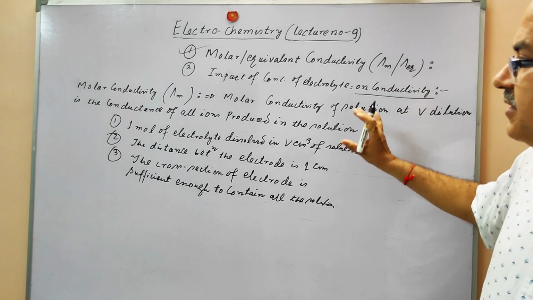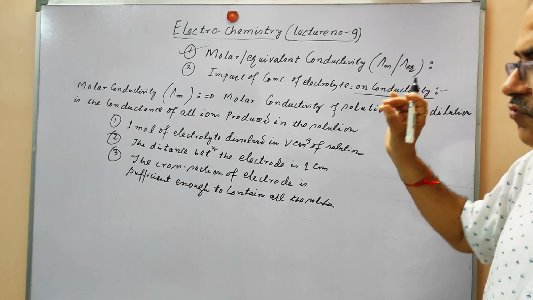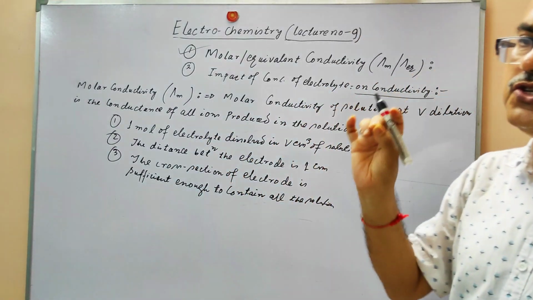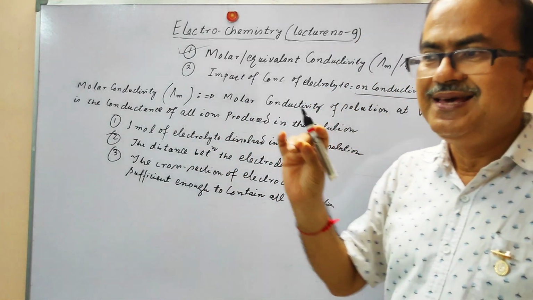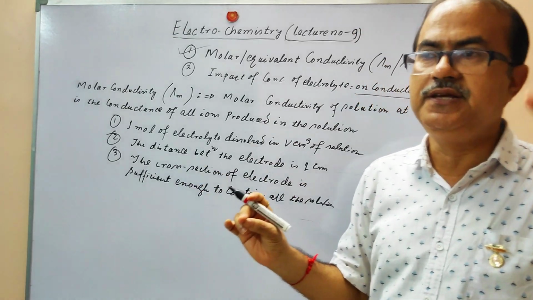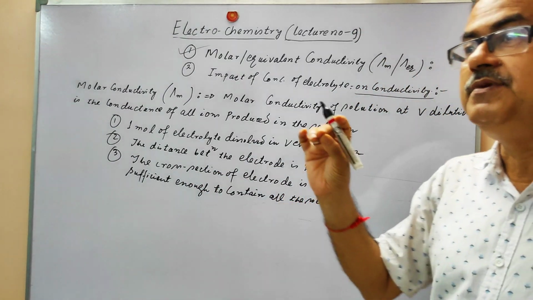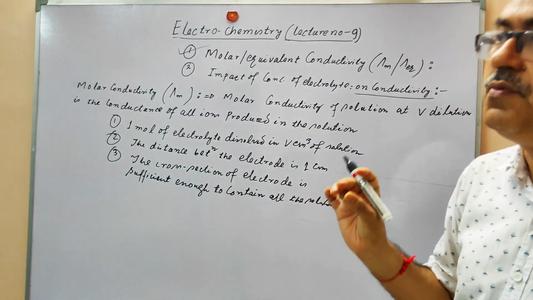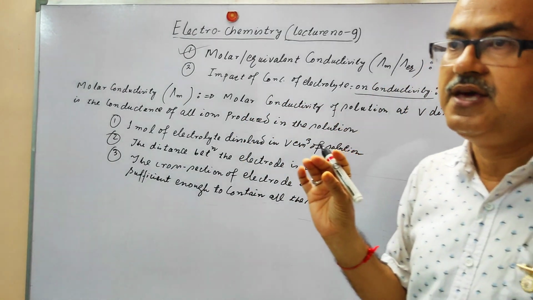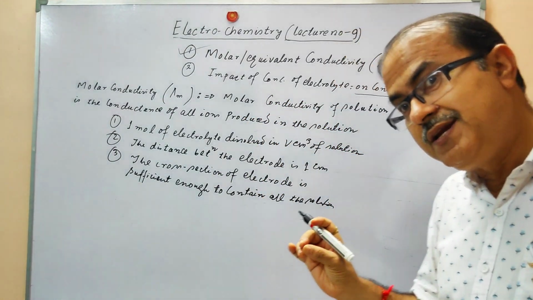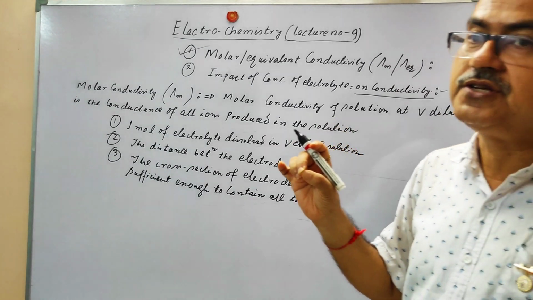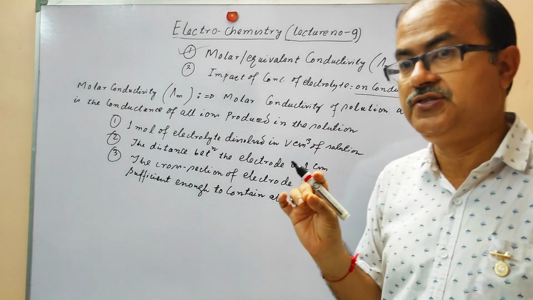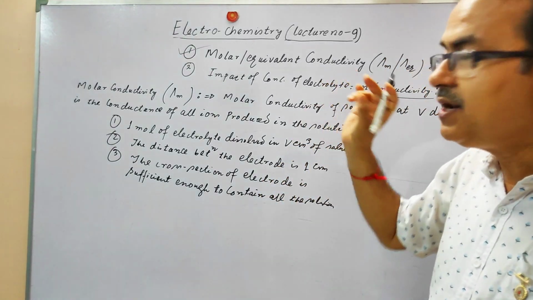So here you can see that we have included the concentration term, the concentration of the electrolyte. In the simple conductivity, it is basically the conductance of 1 centimeter cube of the substance. Here we have included the concentration term, that is 1 mole of electrolyte, in the case of molar conductivity.